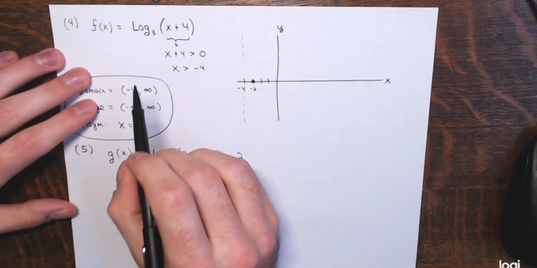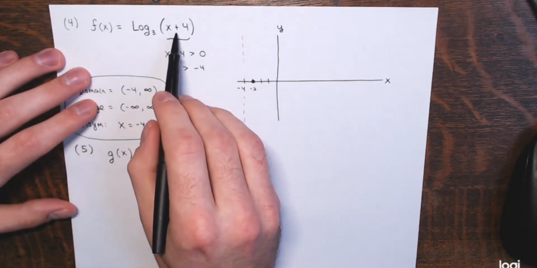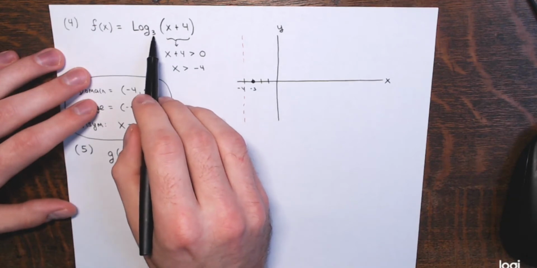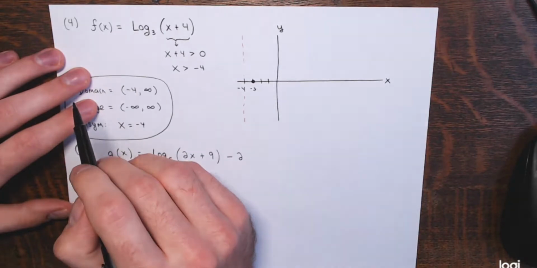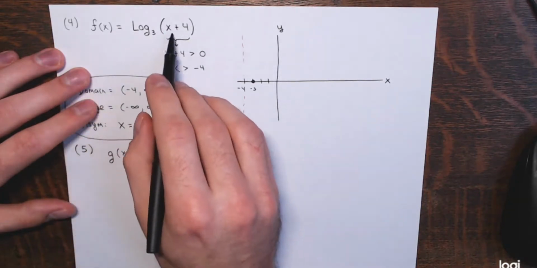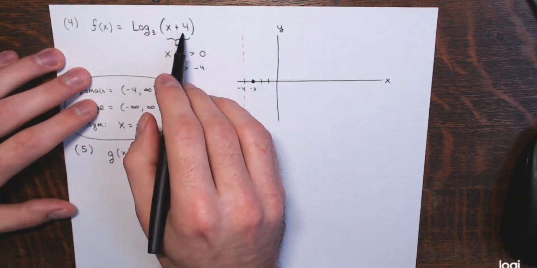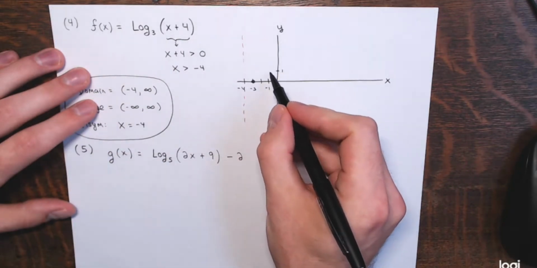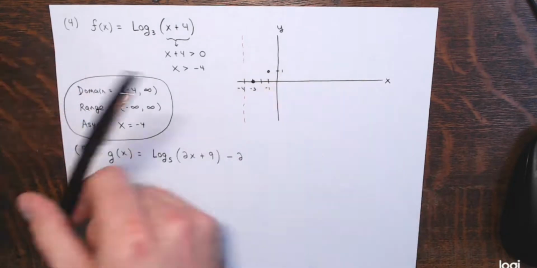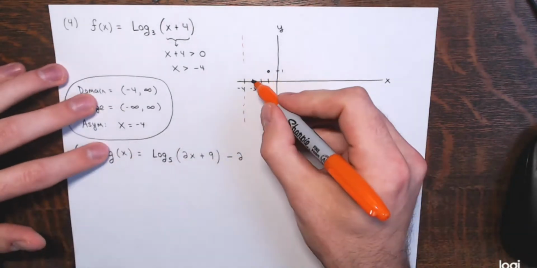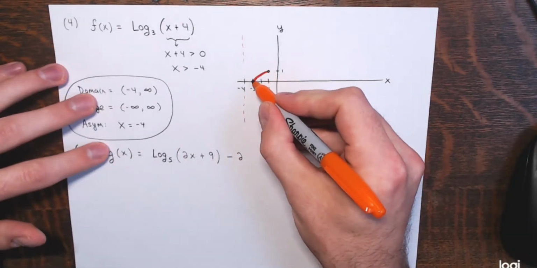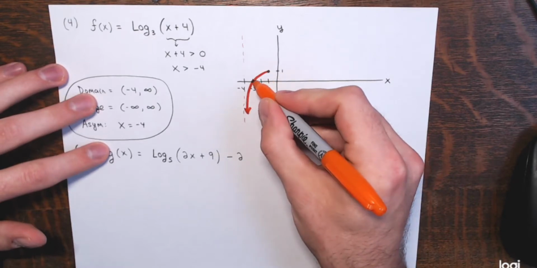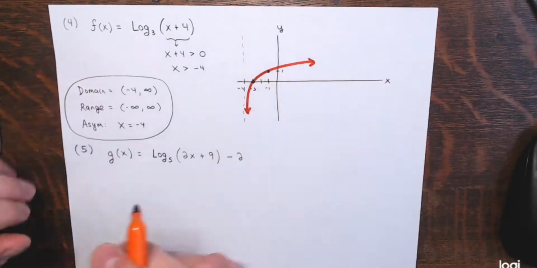I'm looking to have powers of 3 in here, since the base is 3, so 1, 3, 9, or 1/3, 1/9. Negative 3 plus 4 is 1. And then negative 1 plus 4 is 3, and the log base 3 of 3 is 1, so you have (negative 1, 1). The graph should be looking like this. It's increasing, approaching the asymptote from the right side, and then increasing as you go from left to right. Something like that.